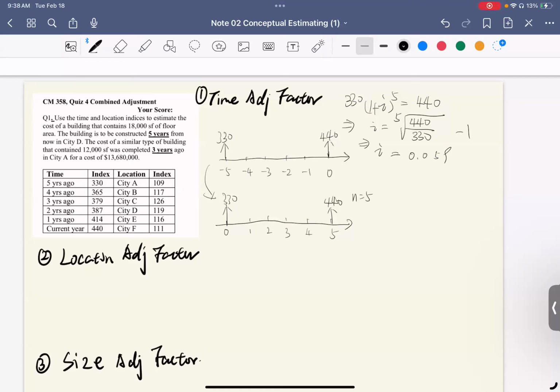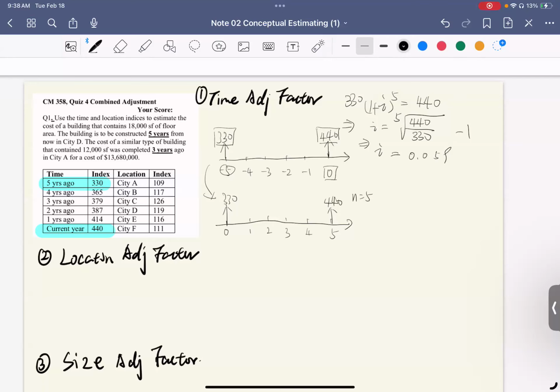I have a question. Go ahead. Why did you use 330? I'm saying, why did you use 330 where it says 440 over 330? Because we had this 5 years ago, the number here is 330, and the current year here is 440.